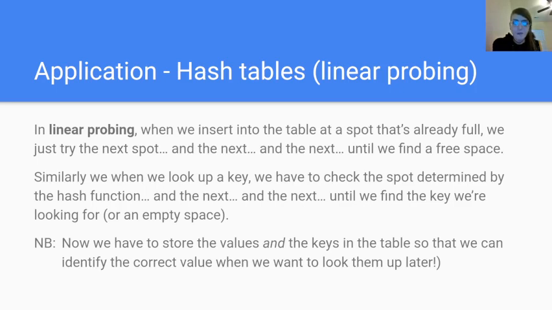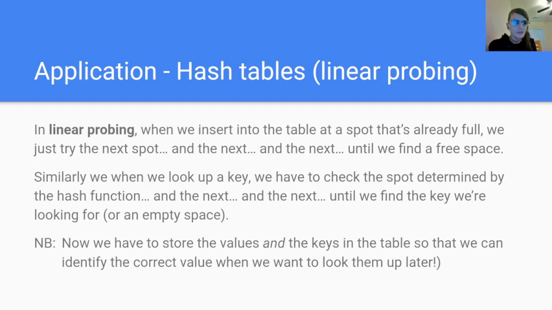Other than that, it's just a matter of when you insert and the spot is full already, you just move on to the next one until you find an empty spot. And when you are looking up a key, you just try the first one that the hash function indicates, and if it's not the one you're looking for, then you try the next one and the next one until you reach an empty space. That's the point where you know that the key's not in the table.